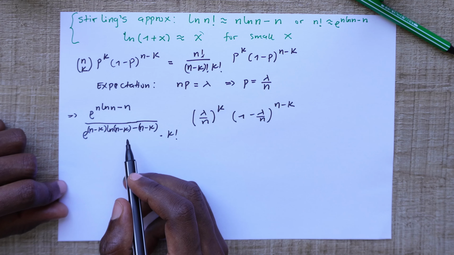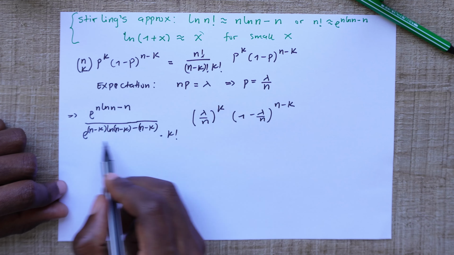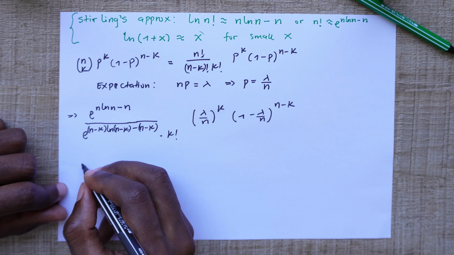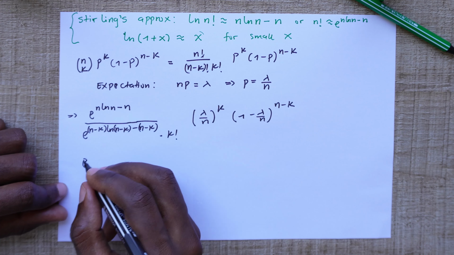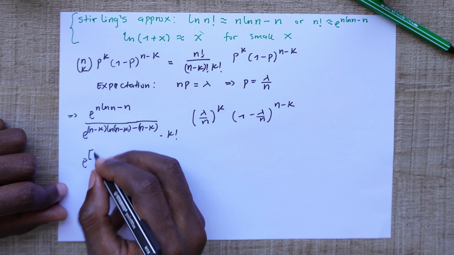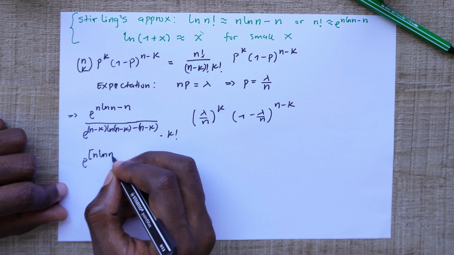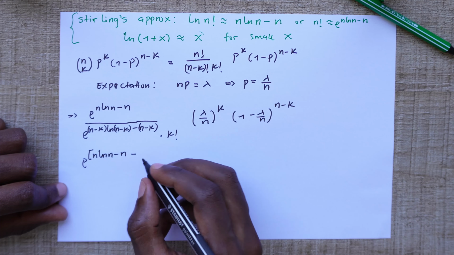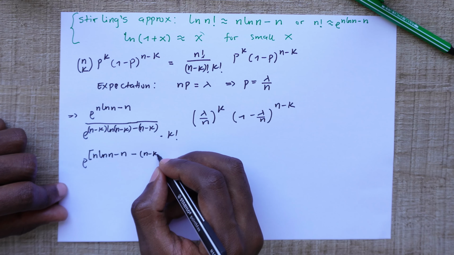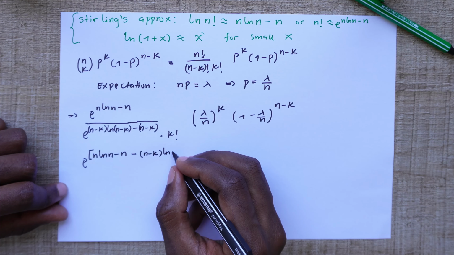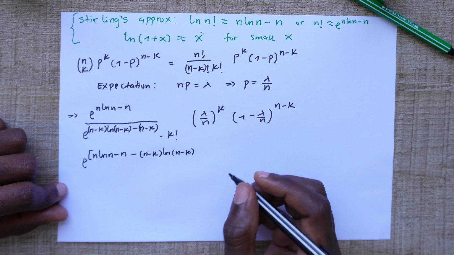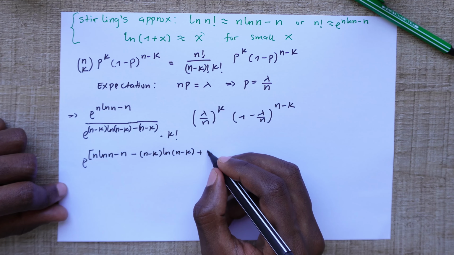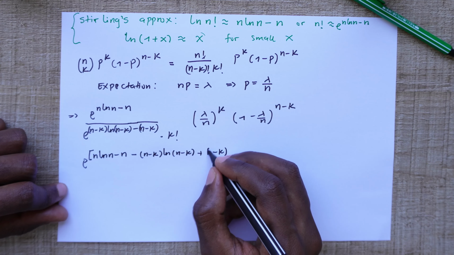So we can combine all of these, okay, as one exponential. We're going to have exponential, okay, let me just put a big bracket here. We are going to have n ln n minus n, then minus all of these, so minus n minus k ln n minus k, okay, and then minus minus, so that's a plus n minus k.